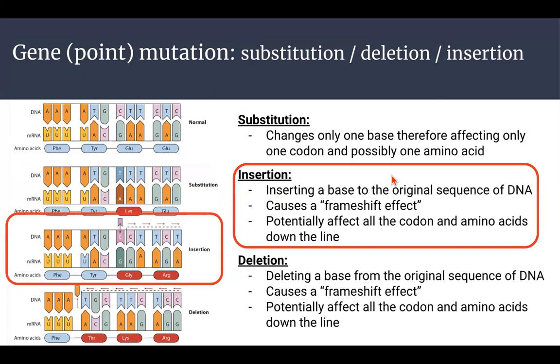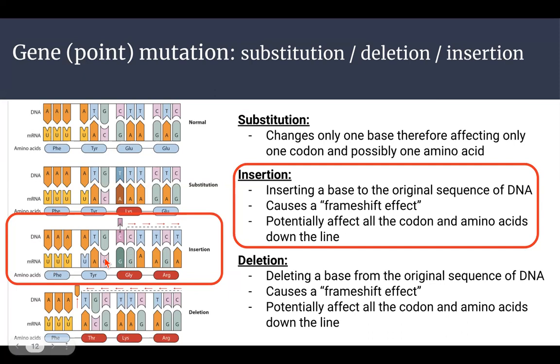Now, the next one is called insertion. Insertion is when you are inserting one base into the original sequence. For example, right here, you can see that in front of this G, another G has been inserted. After inserting this G, when the ribosome is reading the mRNA, it is still reading codons, which means these mRNA bases are being read in triplets.